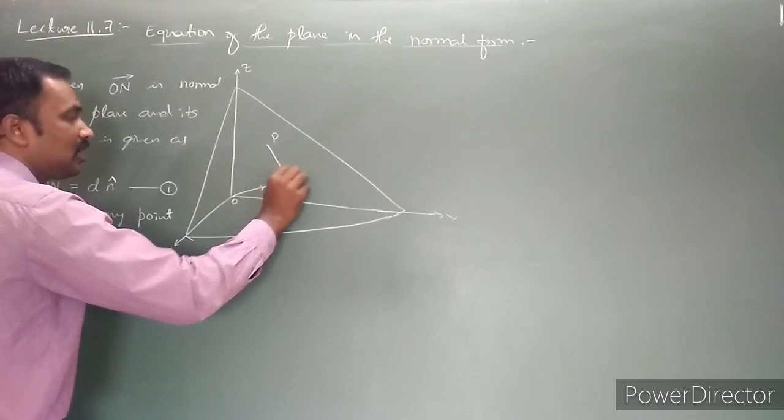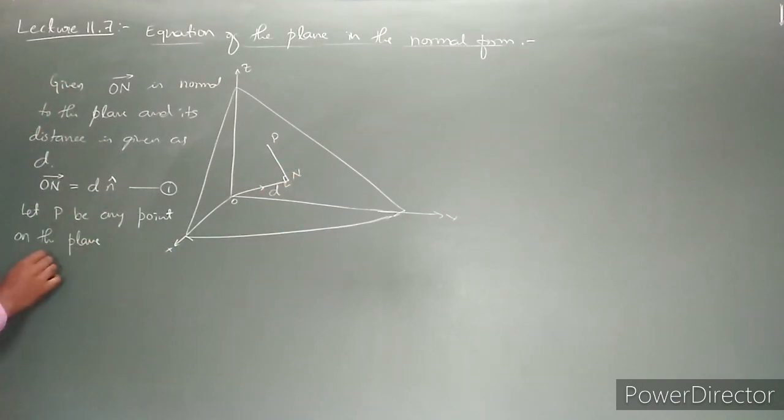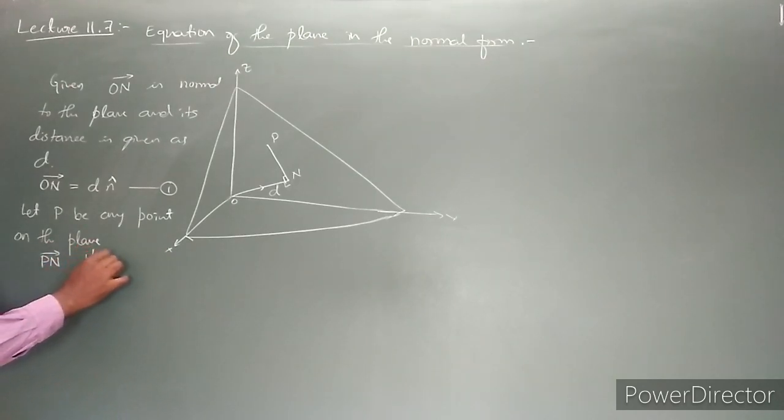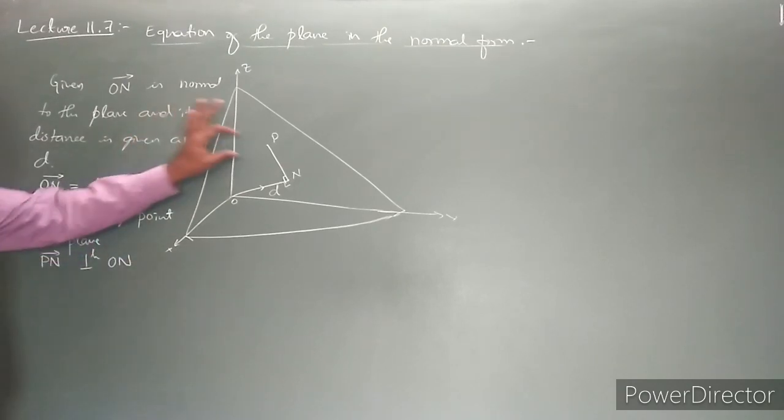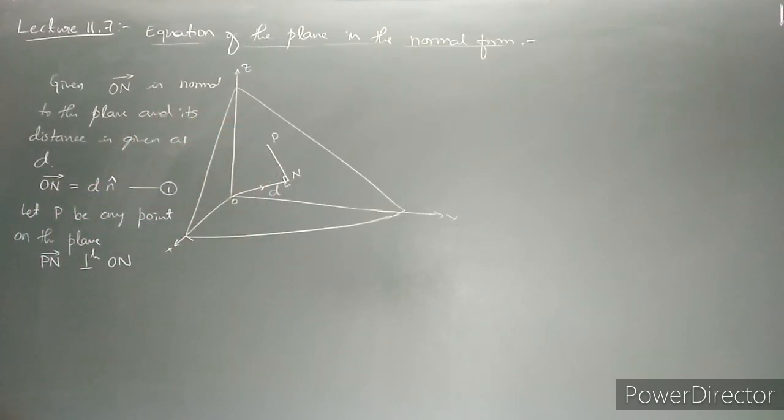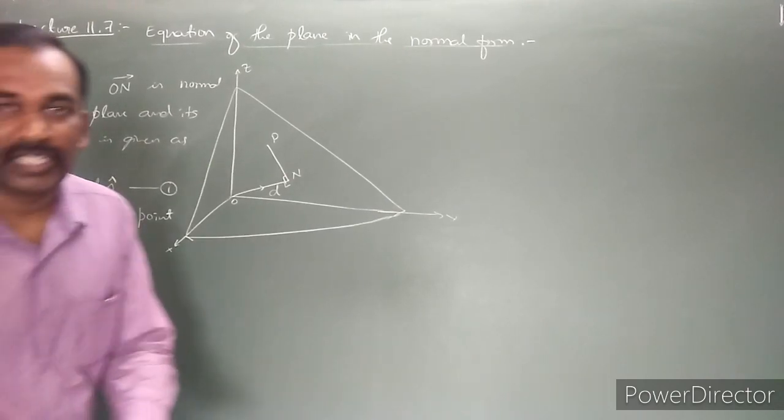Now PN is perpendicular to what? PN is perpendicular to ON, because both are on the same plane.